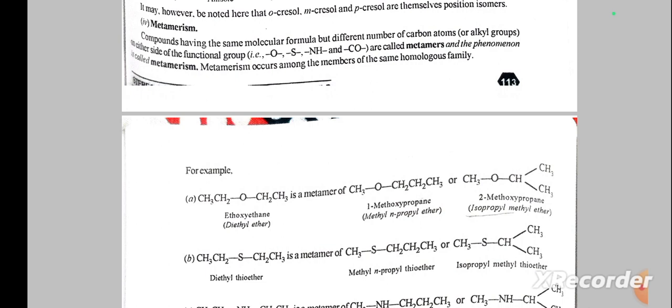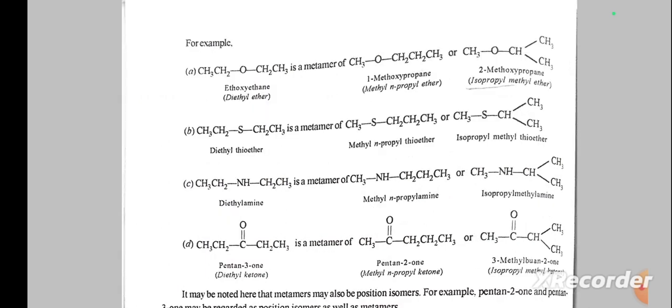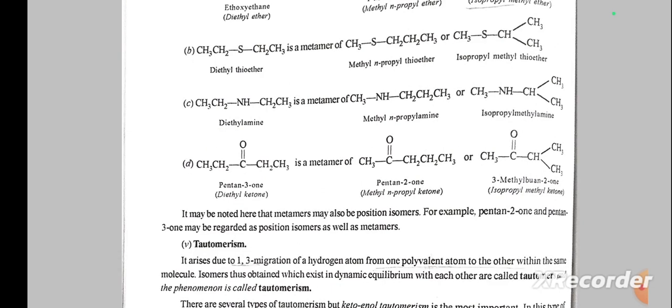Metamerism occurs among members of the same homologous family. For example, ethoxyethane is a metamer of 1-methoxypropane. Another example is diethyl thioether, which is a metamer of methyl propyl thioether.